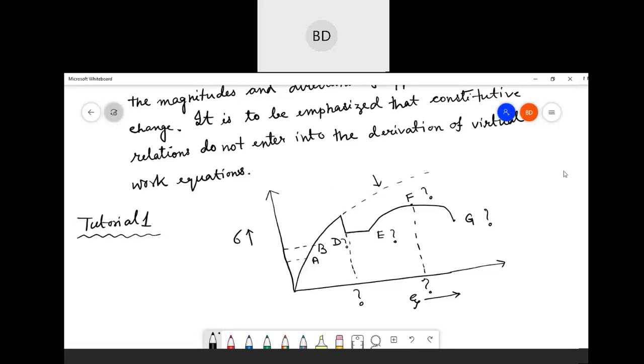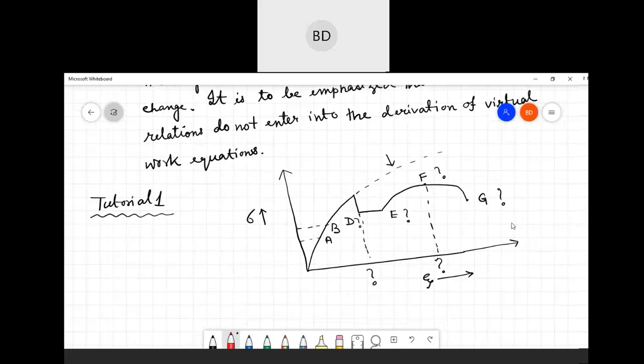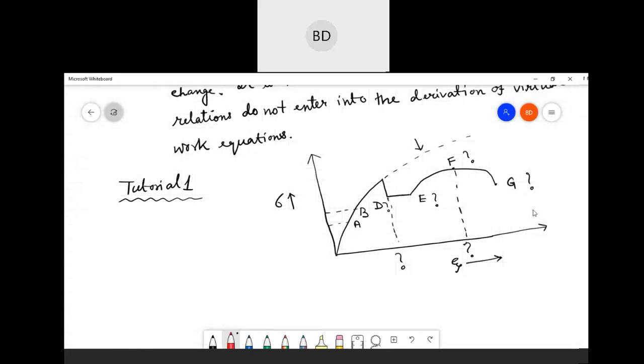So let me write now. The first point was point F, no? That is the fracture point, or you can say failure, or breaking point, whatever you want to say.